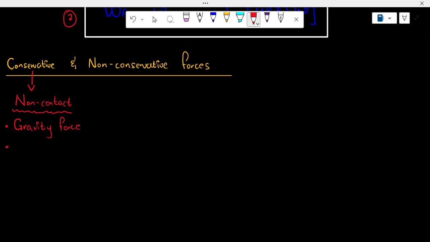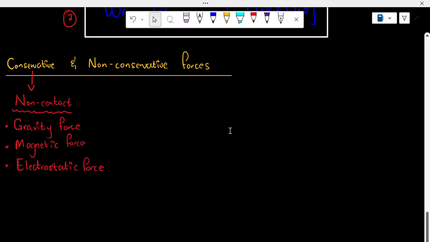The second one would be any type of non-contact force, like your magnetic force, for example. Another one would be your electrostatic force. There's a whole bunch of non-contact forces that we have, but in work, energy and power, we'll focus mainly on the gravitational force.